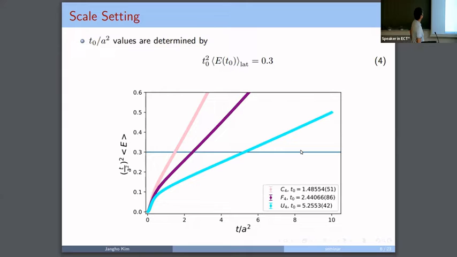We also did the scale setting in the standard way, using the gradient flow as written in Lucia's paper. We determined T0 from this definition, and for the 3 ensembles we determined T0 very precisely.